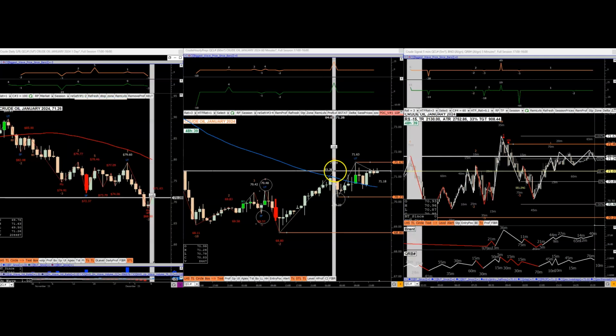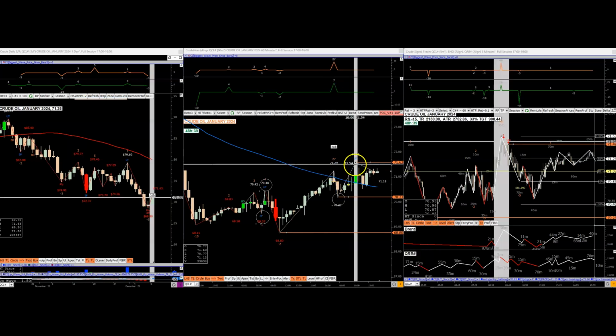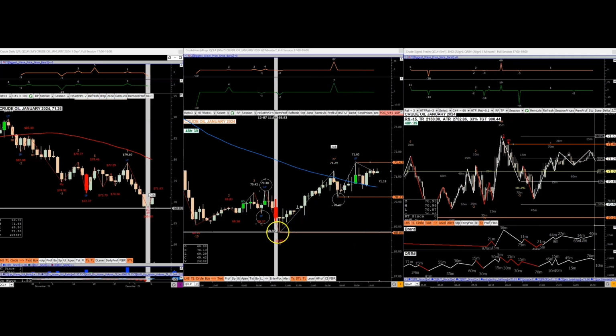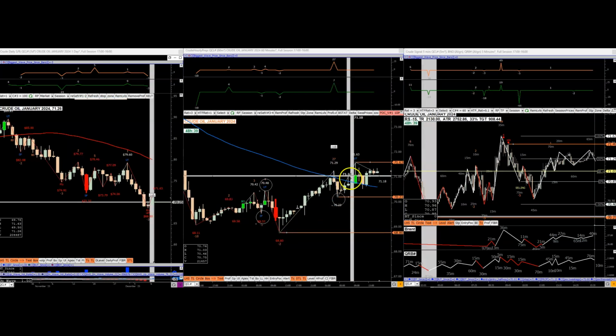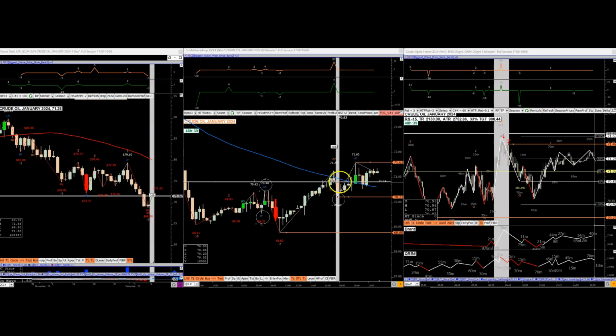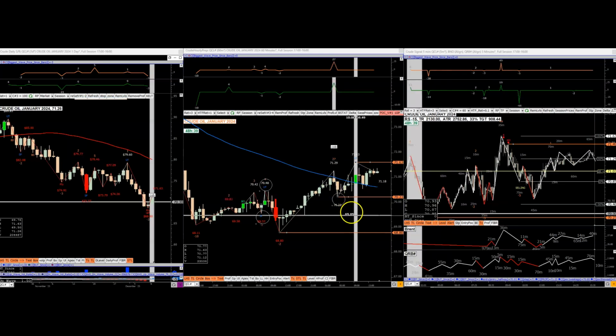So because it's 71.29, they're in the market on this green bar. They're in the market, and earlier buyers, some of them would have moved their stops here. Because of this higher high, you have a lot of stops here.